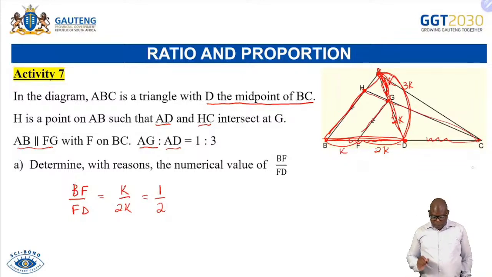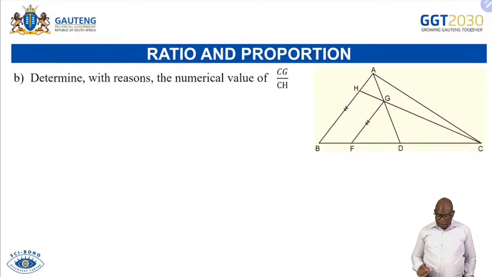Now, the next question wants us to get CG. Where's CG? Remember this line we said is the same as that line. This is K, this is 2K, that whole length there is 3K.